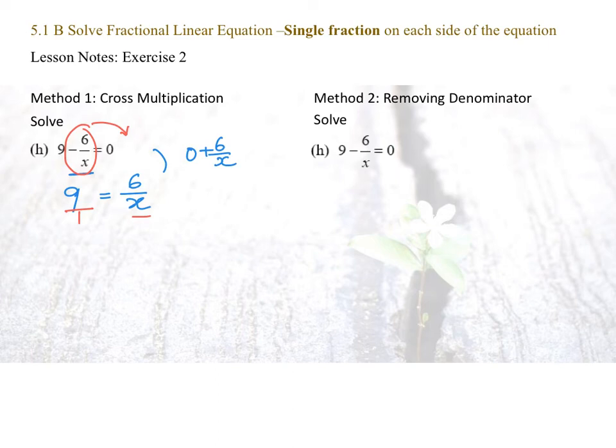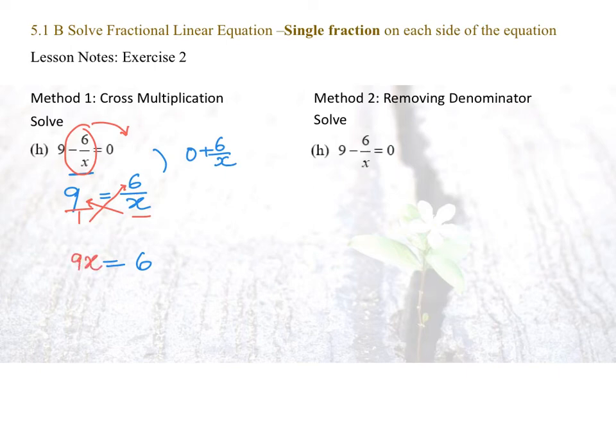Using a cross multiplication method, the equal sign stays in the center. Denominator cross over and multiply. 1 cross multiplies to 6, so 1 times 6 is 6. The denominator x cross multiplies over, so x times 9 gives me 9x.